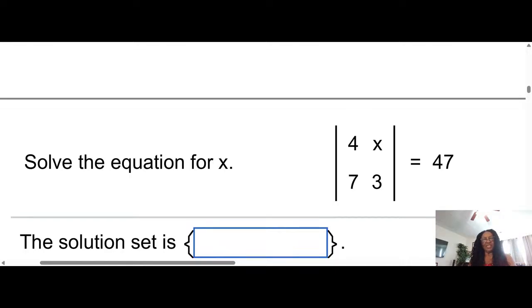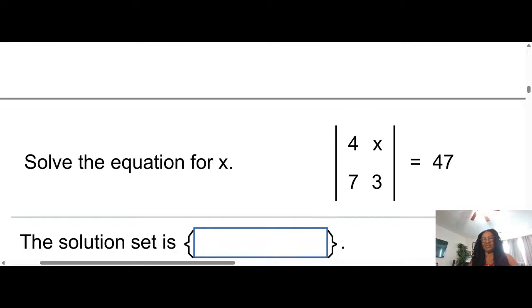So the first thing is that you have to know how to evaluate a 2 by 2 determinant, and that's what we're going to do now. So we want to evaluate this determinant and solve for x.